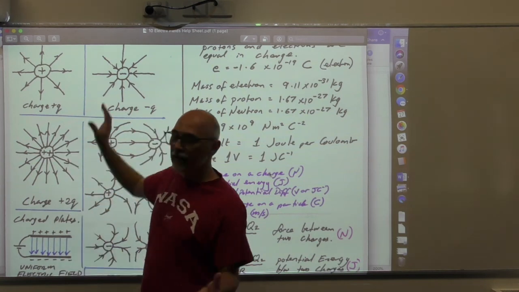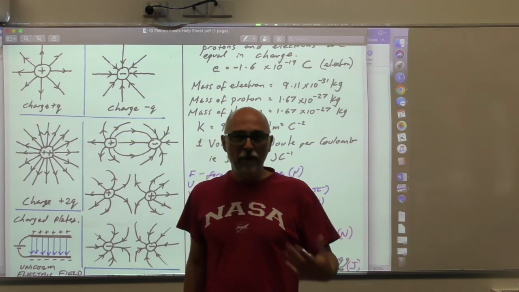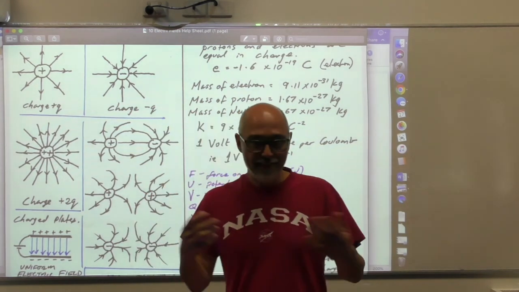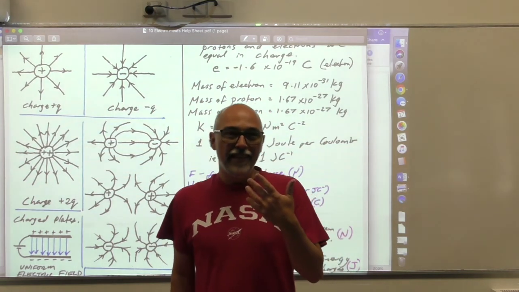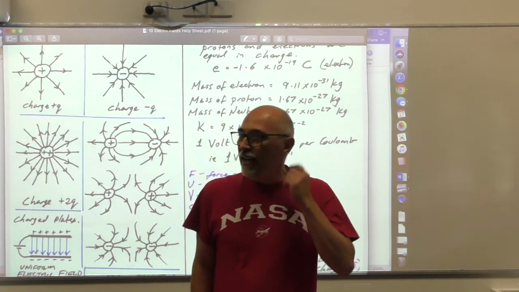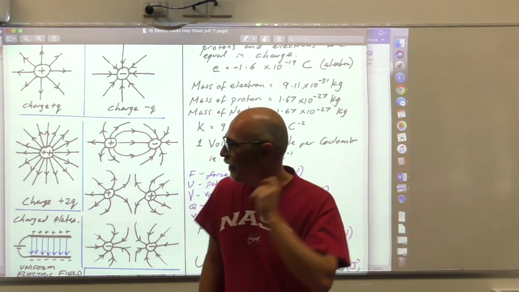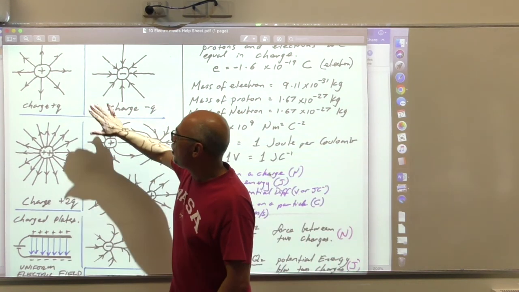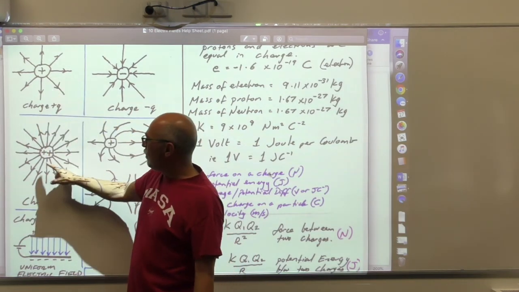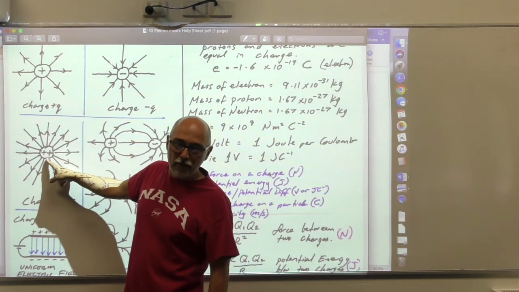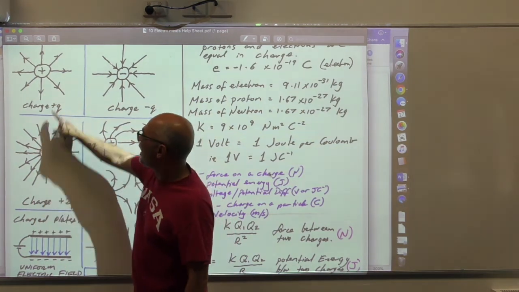So all the field lines are in the same direction. You'll notice that the circle itself doesn't represent an actual mass of any kind. It represents a point charge. So it's essentially, the charge is concentrated at the very middle in sort of like, you could imagine, zero volume, okay? And so if I draw a circle to represent the point charge, which this is, then when I draw a circle to represent a point charge with twice the charge on it, I don't change the size of the circle.